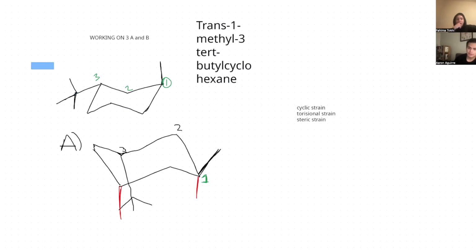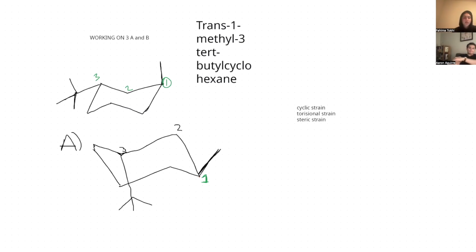This one is also doing some strain, but not as much as the tert-butyl group. Equatorial is always going to be more stable. She said the tert-butyl group, a larger group than the methyl, causes more steric strain in the axial position than the methyl group.